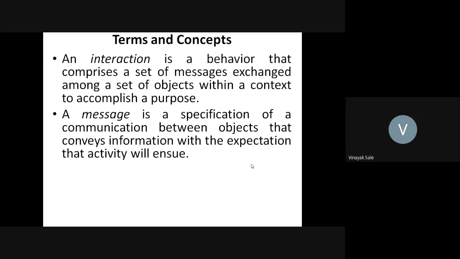An interaction is a behavior that comprises a set of messages exchanged among a set of objects within a context to accomplish a purpose. And what is a message? A message is a specification of communication between objects that conveys information with the expectation that activity will ensue.